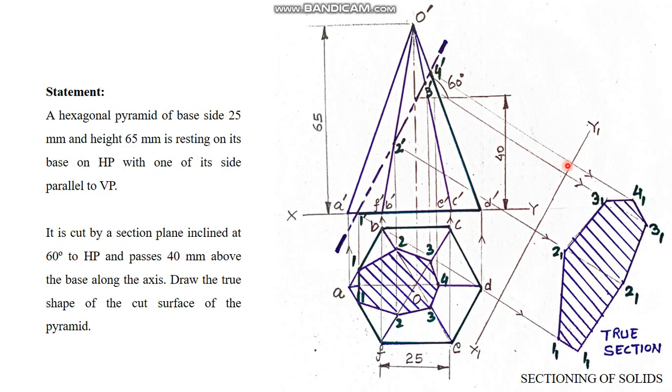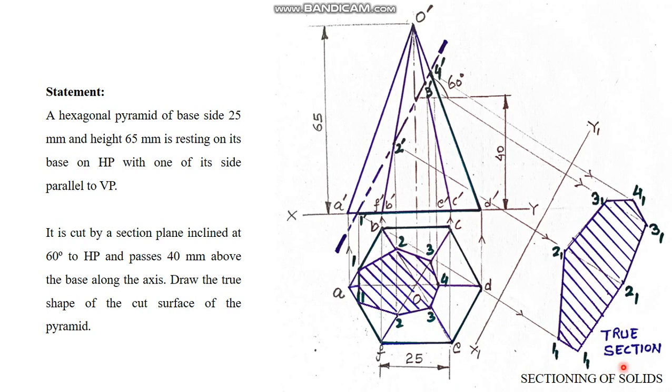Take the perpendiculars towards this side, and then the distance of these key points 1, 2, 3, 4 from x1 y1 should be the same as the distance here below the xy line. Then you can draw this view. This is the true section. This section is apparent and this is the true section.